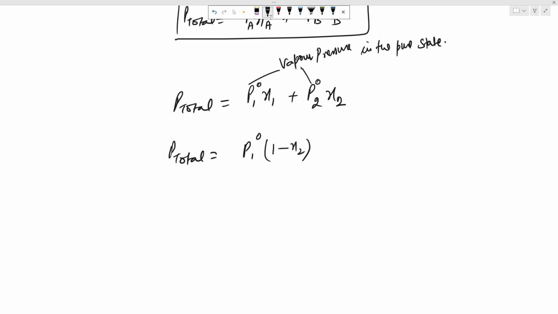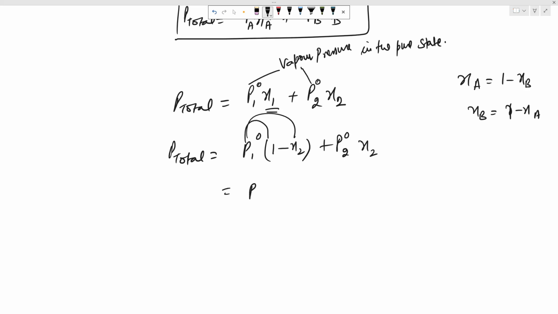Because you know that if I write mole fraction XA, I can write it as 1 minus XB. If I write the mole fraction of B, I can write it as 1 minus XA. The same X1 can be written as 1 minus X2, plus P naught 2 into X2. Now multiply this one and this one.